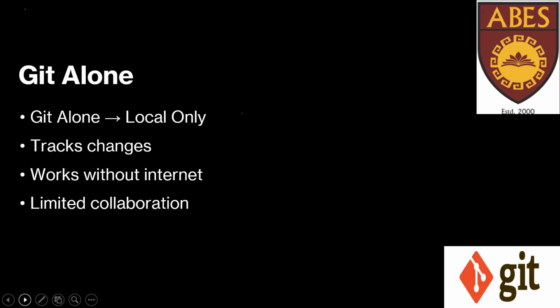And if you're using GitHub alone, it's just a website. You can't track versions without Git. Git is a tool for version control. So together, with Git and GitHub, you get version control as well as cloud hosting and collaboration.